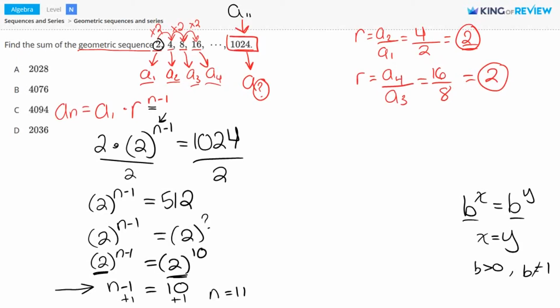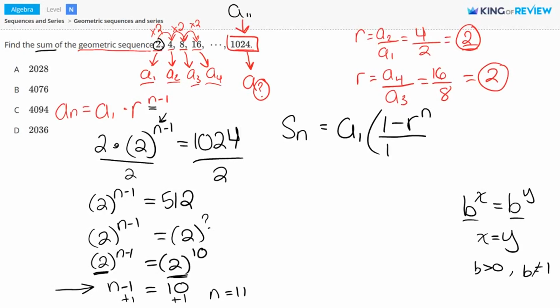Now we want to find the sum of these 11 terms. To do this, I'll use the equation for the sum of a geometric series. This is Sn equals A1 times 1 minus r to the nth power, divided by 1 minus r. Filling in what we know, the sum of the first 11 terms equals 2 times 1 minus 2 to the 11th over 1 minus 2.